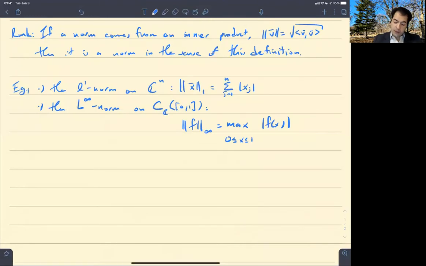You have a continuous function on a closed and bounded interval, so it achieves its maximum. So there is some point where this maximum will be achieved. In general, you would put a sup here if you're not necessarily working with continuous functions, or you're working on a non-compact set.